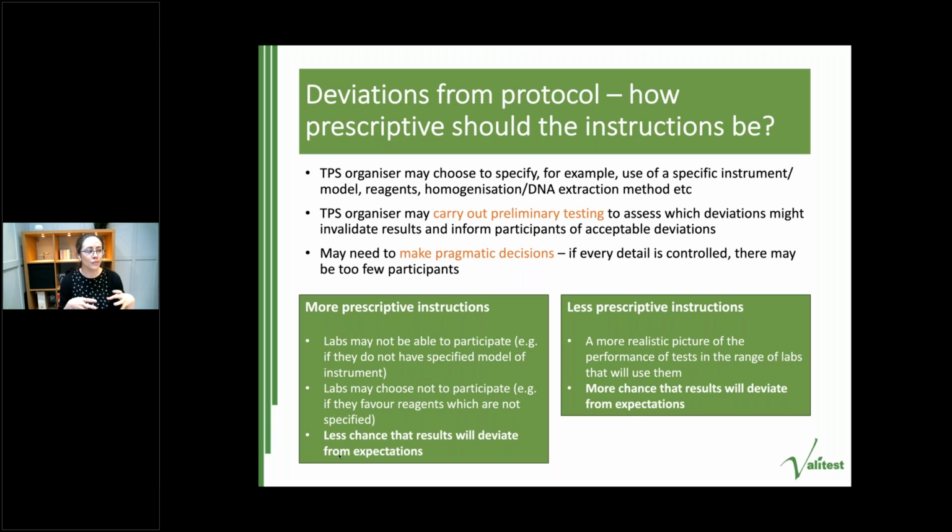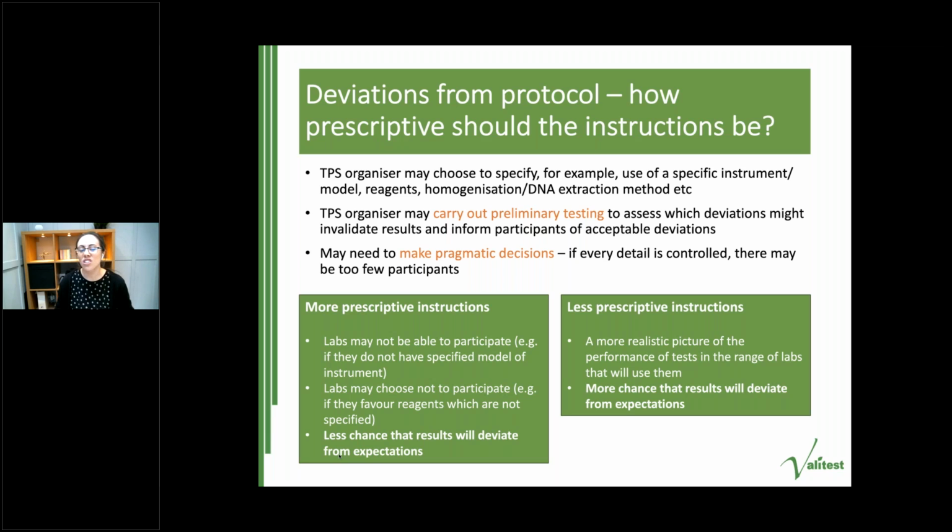It's a more pure investigation of the performance of the test if as many variables as possible are controlled. But if we control every detail, we might just have too few people wanting to participate in the TPS. So if we're very prescriptive, some labs might not be able to participate if they don't have the specified model of instrument that we're asking them to use.